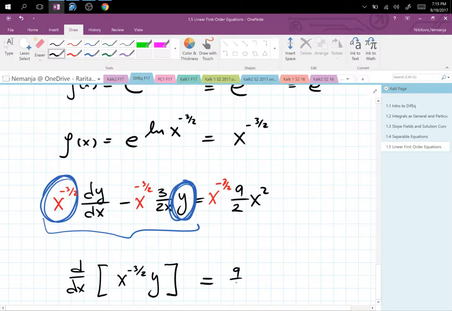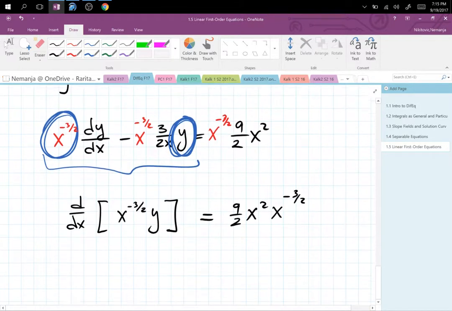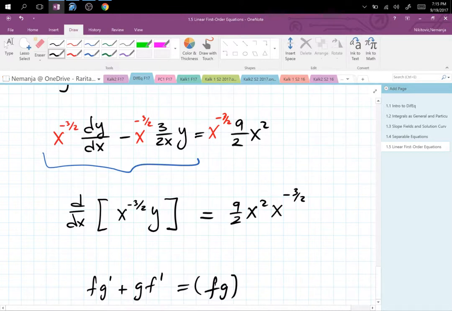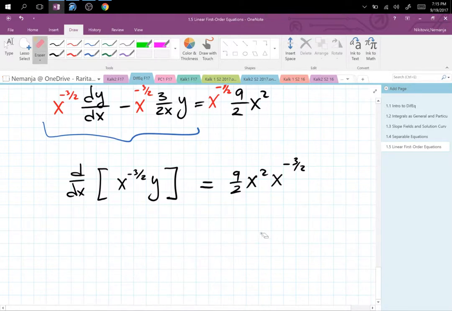So that's 9/2 x squared times x to the negative 3/2, and you will combine these exponents. So again, you are picking functions because f g prime plus g f prime is the derivative of fg. As you can see, you pick a function from here, a function from here, and those are these two guys in the formula on this side. So that's how I pick these values.